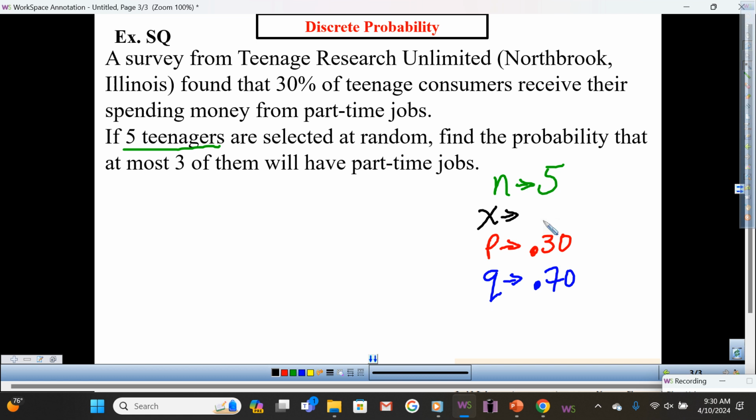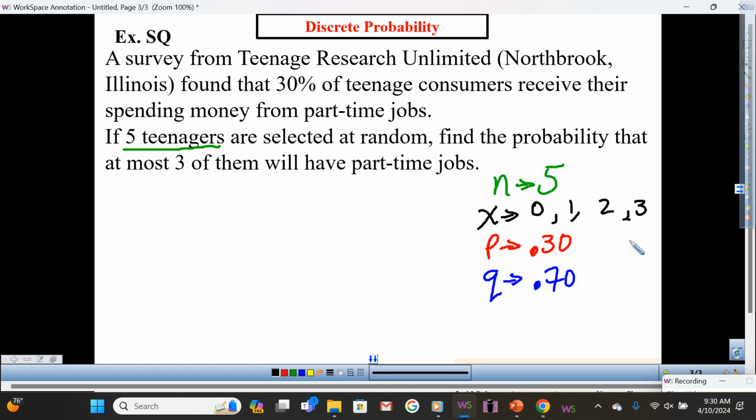3. 1, 2, and 3, that is correct. But for the purpose of probability, look up to the screen, you need to include 0.